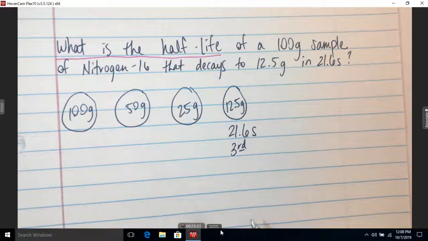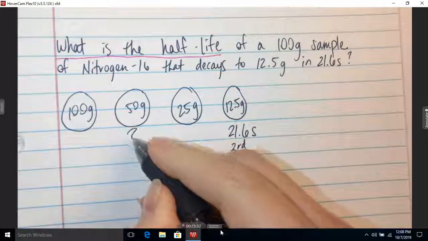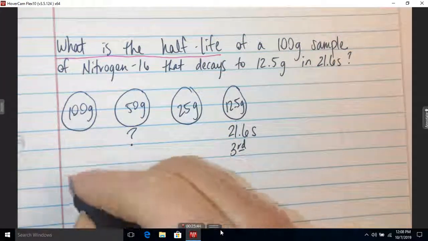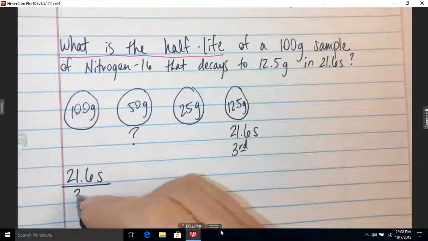So if it took them 21.6 seconds to get to the third, they're saying how much is 1? So you take 21.6 seconds and divide it by 3.